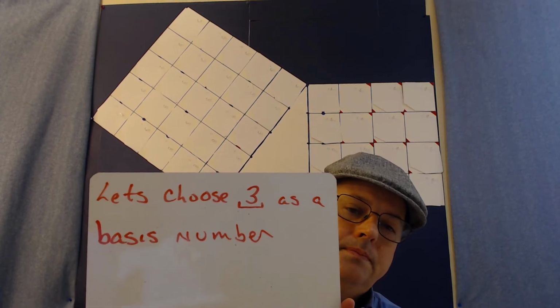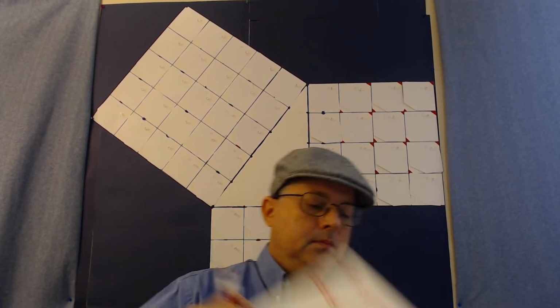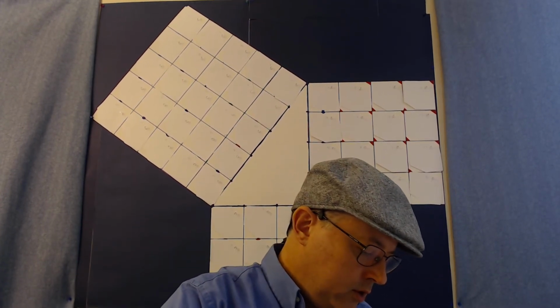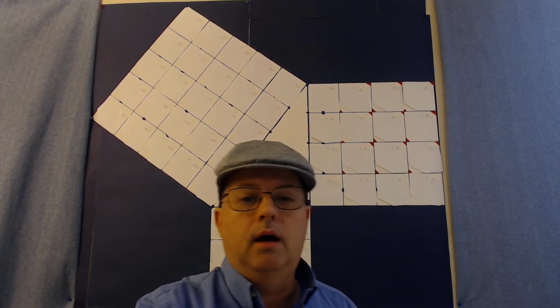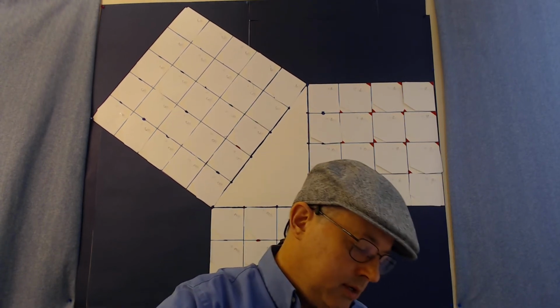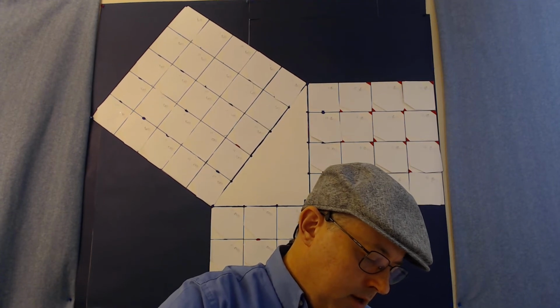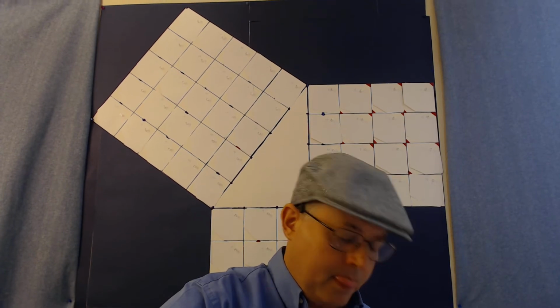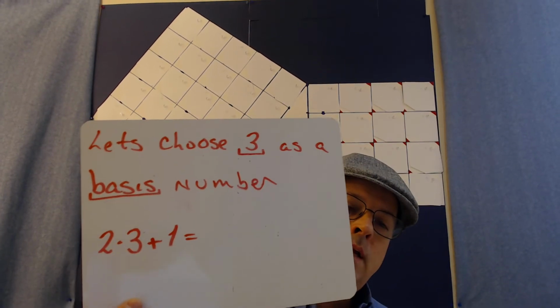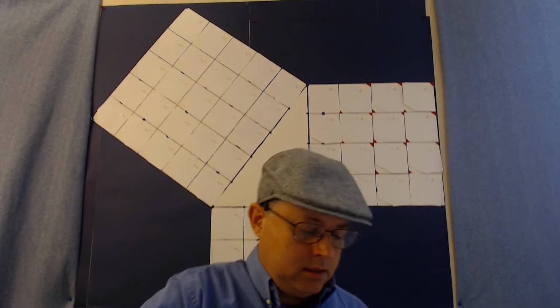And then we're going to do some manipulations on this number 3. So let's take 3 and double it and add 1. And so that will give us 6 plus 1 equals 7.